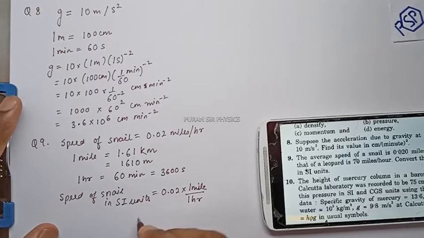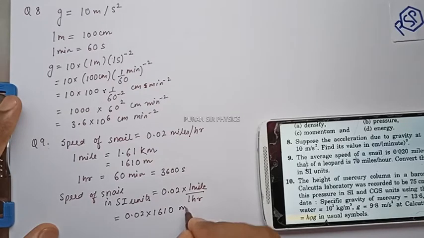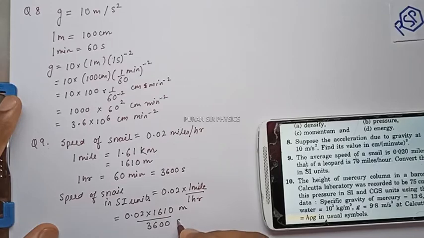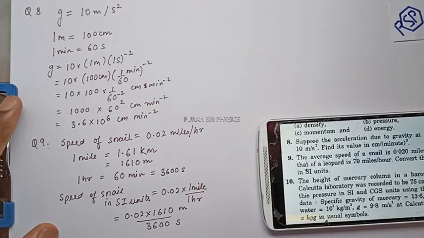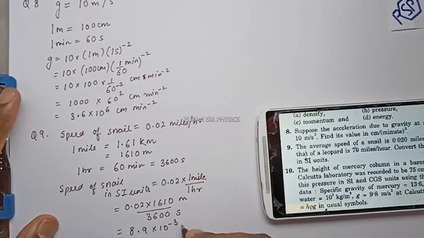So it can be written as 0.02 into 1610 meter upon 3600 second. When we solve this, it comes out to be 8.9 into 10 raised to power minus 3 meter per second.